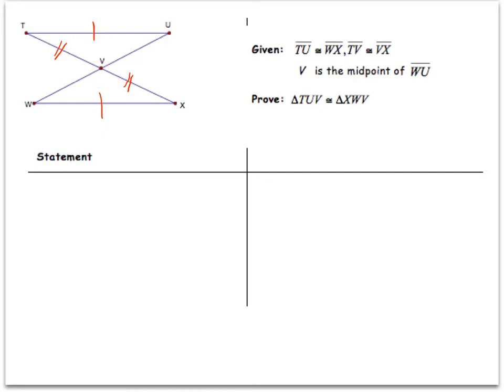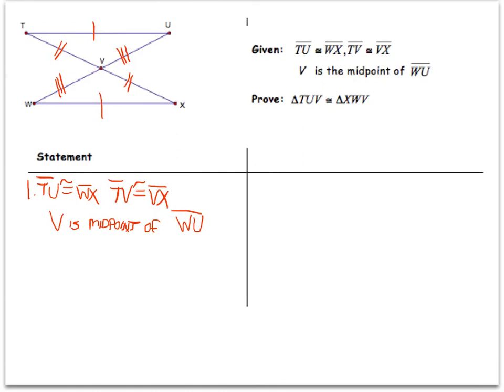So what we can say is that WV is congruent to VU. Now, what I've basically just said is the formal proof. We have three congruent sides of two different triangles, so we kind of know ahead of time that what we're trying to prove, that these two triangles are congruent, is going to happen by side, side, side. We have to formally justify this in statements below, though.